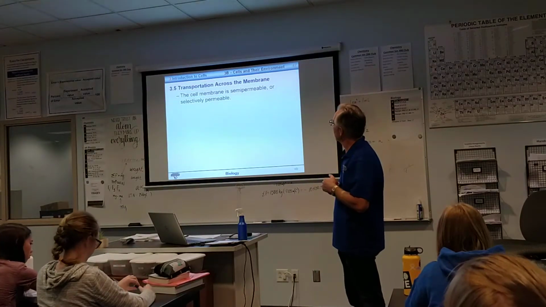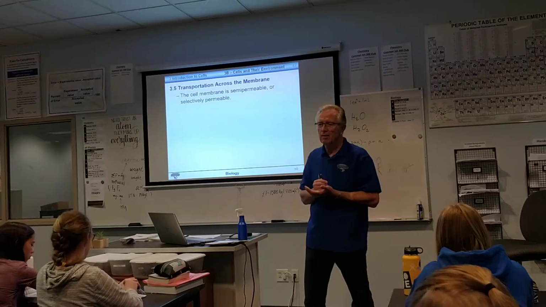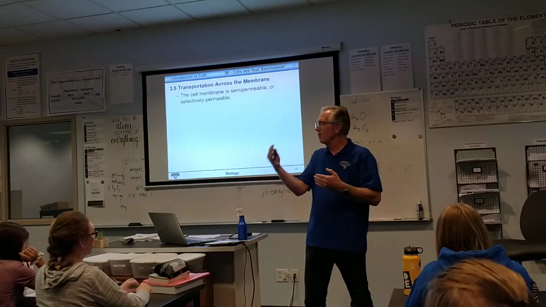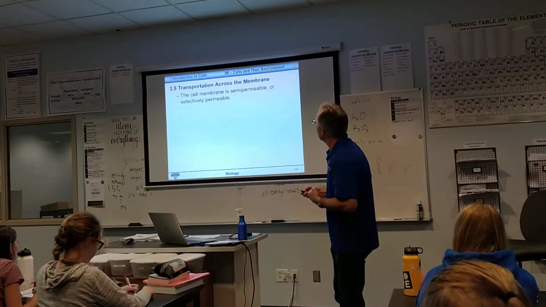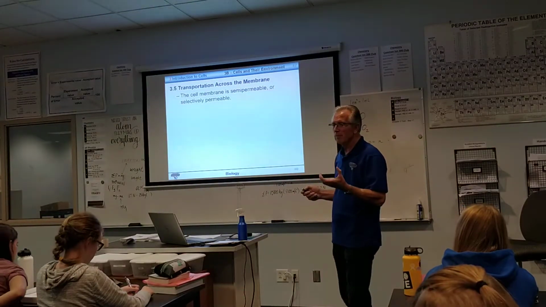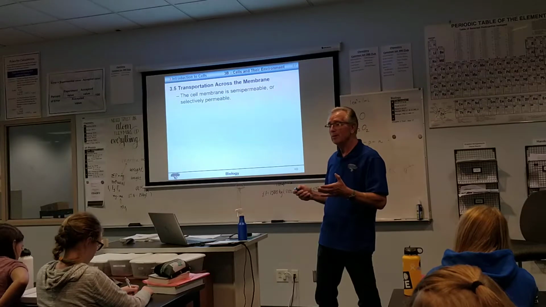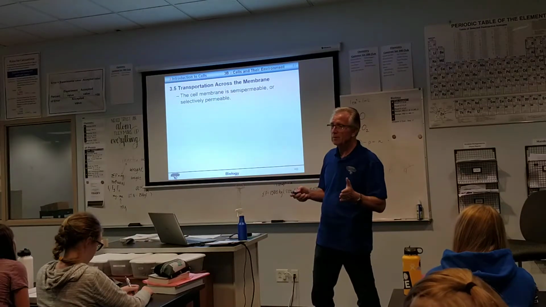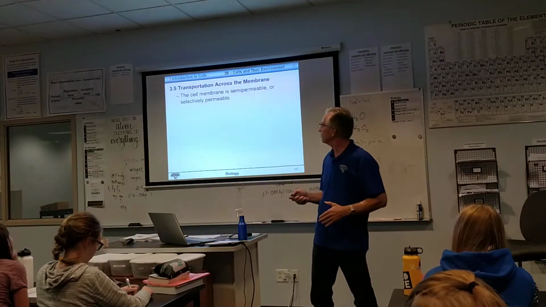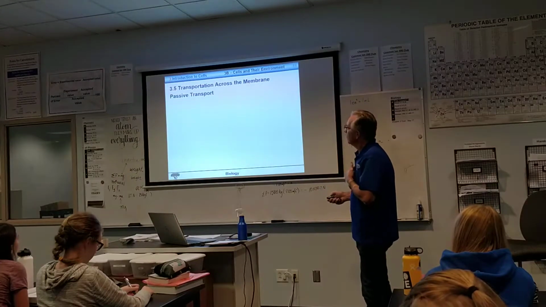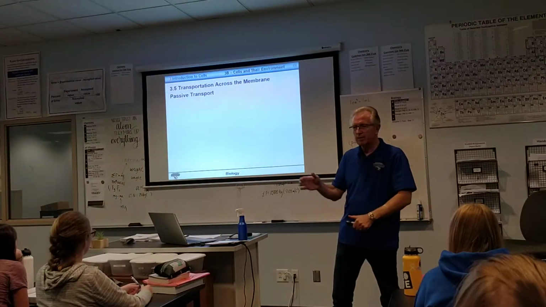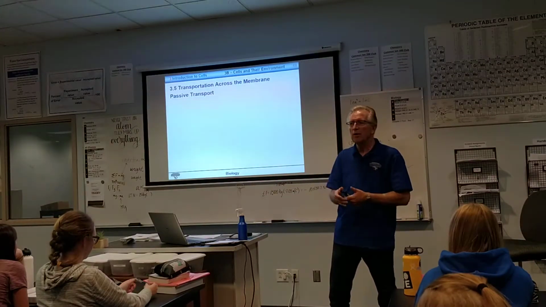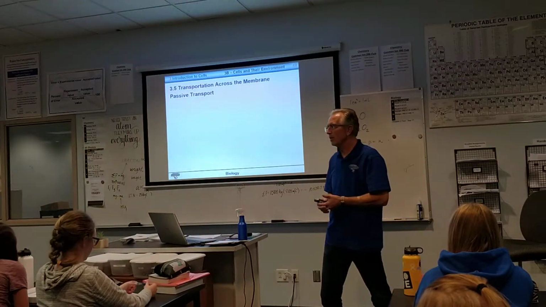Now we want to talk about how the cell moves things across its boundary. That semi-permeable membrane, how does it do that? Remember, the membrane is semi-permeable, so only certain things will be able to get through. One way of describing this transportation across the cell is passive transport.